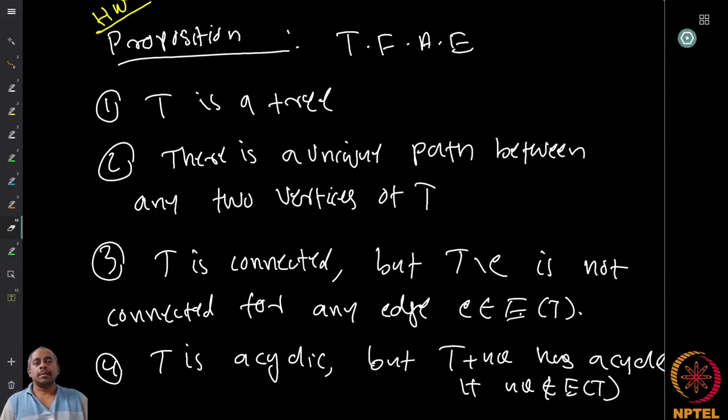So these are all equivalent. So we have to show something like 1 implies 2 implies 3 implies 4 implies 1. Whichever way you want, you can show this, but show that these statements are all equivalent.